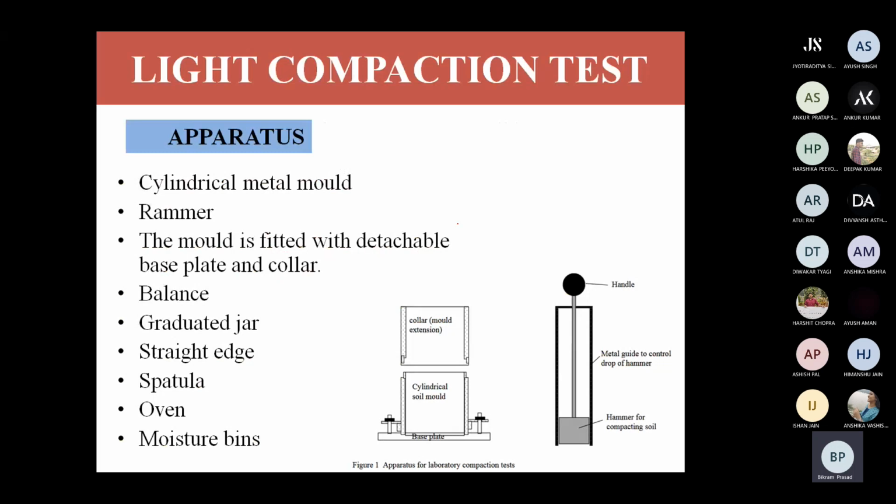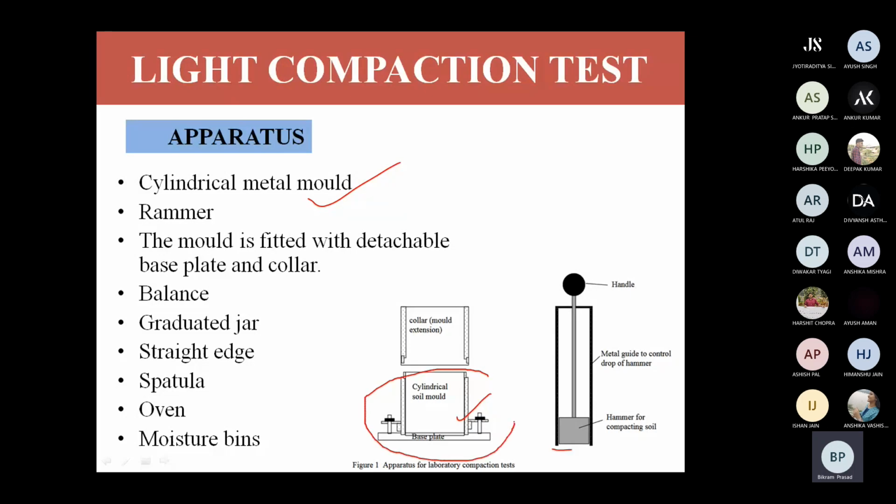So the apparatus, I have already told the specifications. Again, the apparatus which we are using is the cylindrical metal mold. You can see the mold, and this is the rammer. The mold is fitted with a detachable base plate and collar. This is basically the size of the mold.